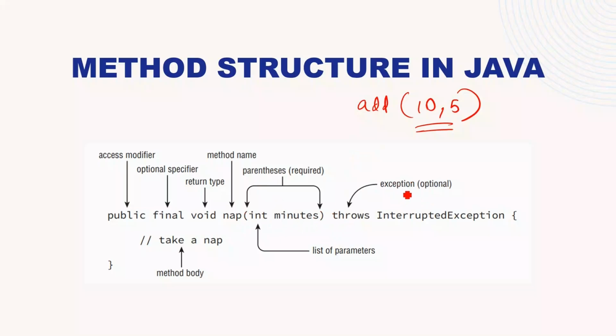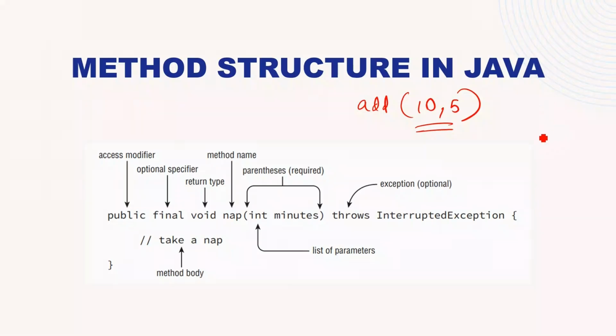Then there is the exception. A method can optionally throw an exception, right? We're going to discuss exceptions later on, but an exception is just an unexpected error that occurs in your code. For example, if you have worked with arrays, and you access an index which is not present in the array, right?